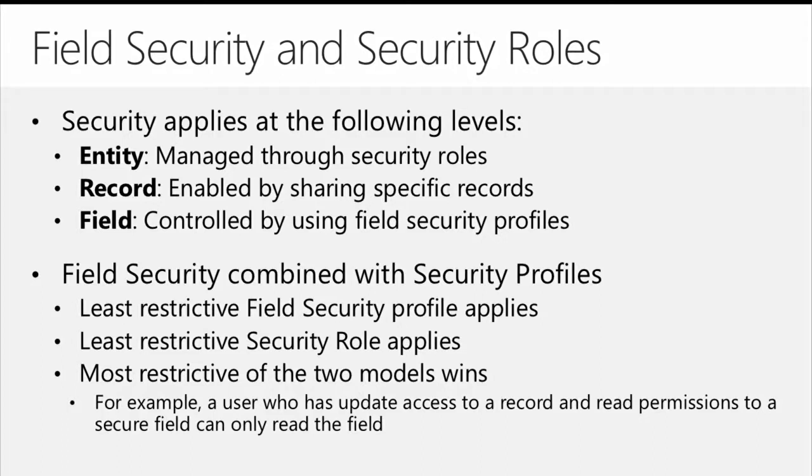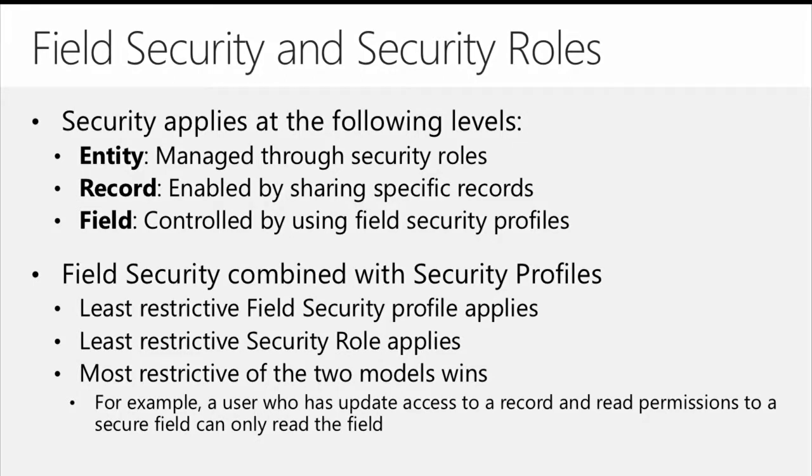But at the same point, if those records have secured fields associated with them, the only real way that they can have access to those fields is through their field security profile. So there's a three-tier situation that combines field security with security roles. It looks at their least restrictive field security profile and their least restrictive security role.